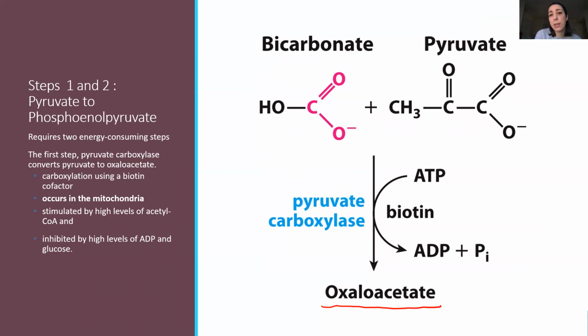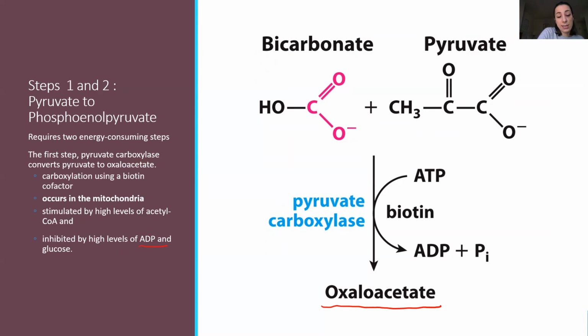So if you recall from glycolysis, glycolysis occurs in the cytosol. So to start the reverse of glycolysis, to start gluconeogenesis, we actually have to get pyruvate out of the mitochondria and first turn it into oxaloacetate. This step is stimulated by high levels of acetyl-CoA, and it's inhibited by high levels of ADP and glucose.